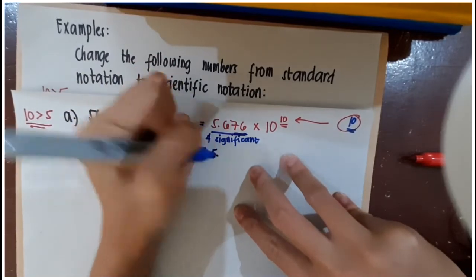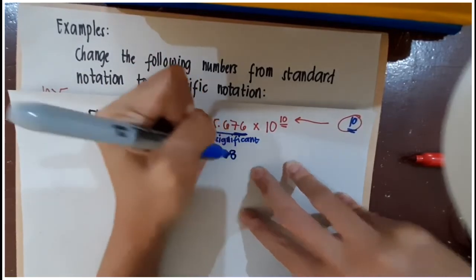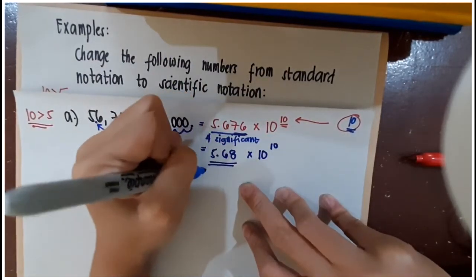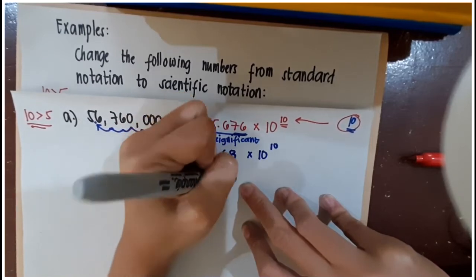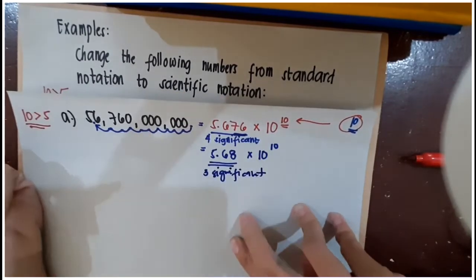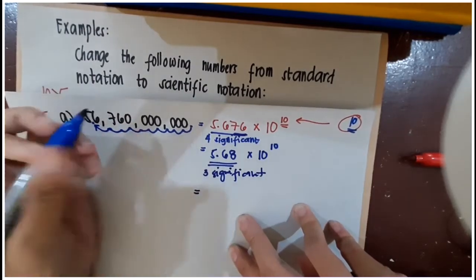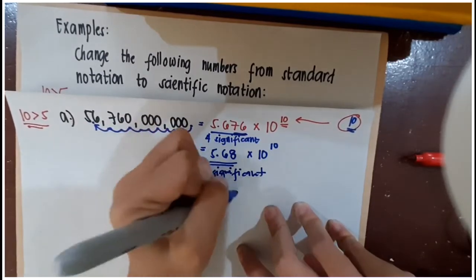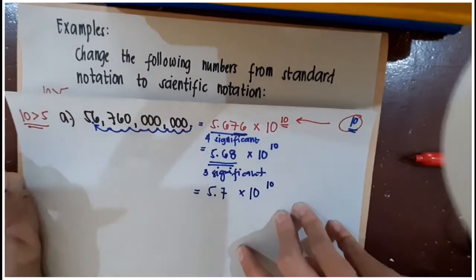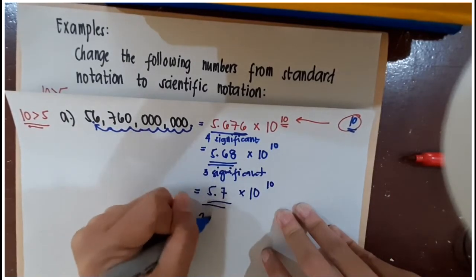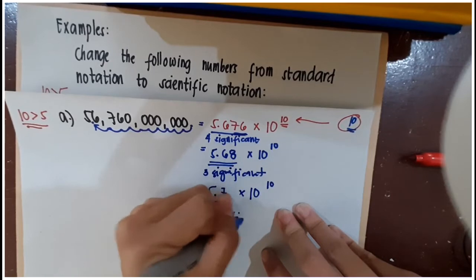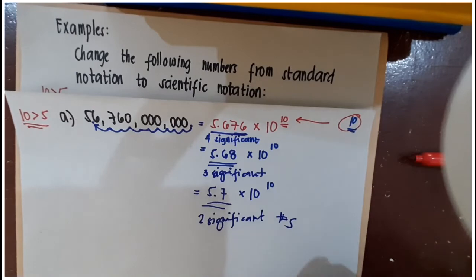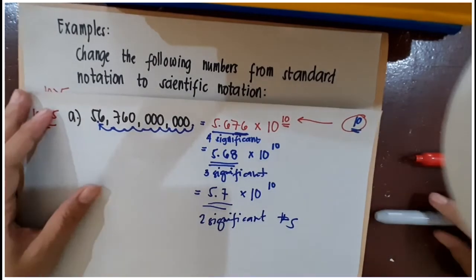So you have 5.68 times 10 raised to 10. Okay, so this is now 3 significant figures. And if 2 significant, you round it off again. You have 5.7 times 10 raised to 10. So this is now 2 significant figures. That is how you write your scientific notation.